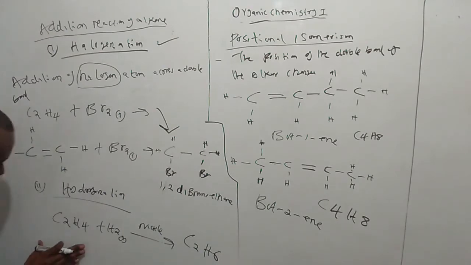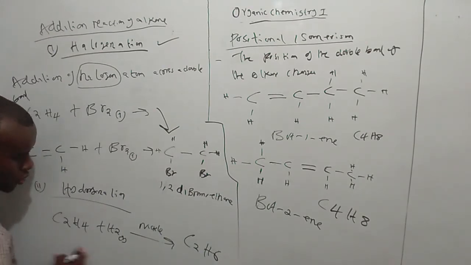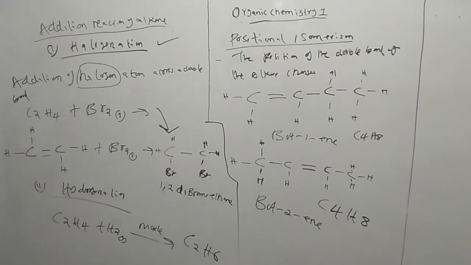If we're using propene, it will form propane. Butene forms butane. That's all about the addition reactions of alkene, and that's all about the alkenes. But lastly, before that, we may have some oxidizing agents.